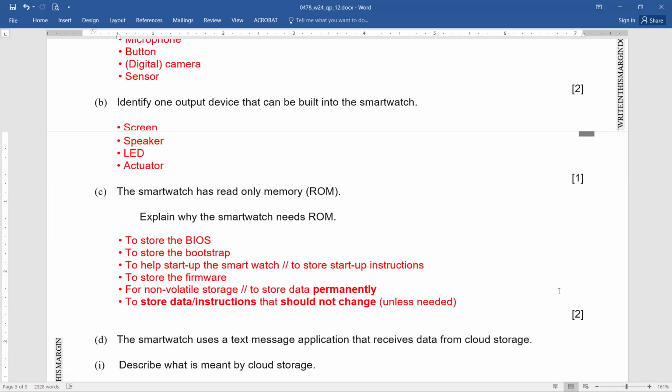So it's the same thing: to store the BIOS, to store the bootstrap, to store firmware, to store the startup instructions, or you can write the simple answer that you want the data to be non-volatile, you want the data to be permanent there, you don't want to change the data. In that case, you will definitely be needing ROM. Part D. The smartwatch uses a text message application that receives data from cloud storage.